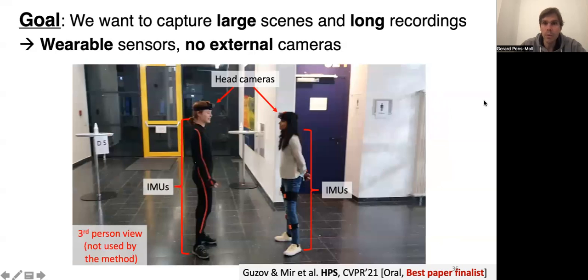The goal is to capture interactions in large scenes and long recordings, meaning recordings that could take up to an hour or even more. For this, the method uses wearable sensors, which require no external cameras. The sensors used are these IMUs and a head-mounted camera, a camera looking outside, emulating the field of view of a real human.